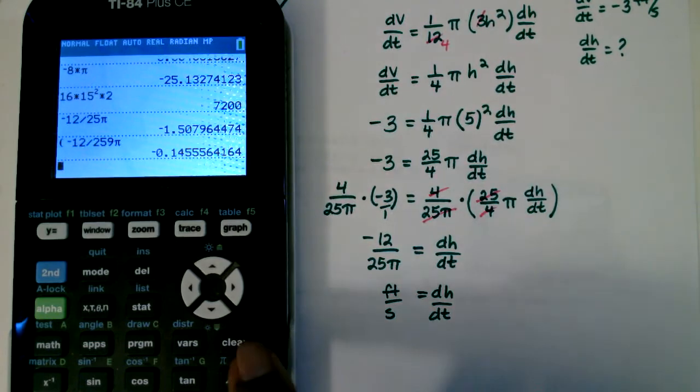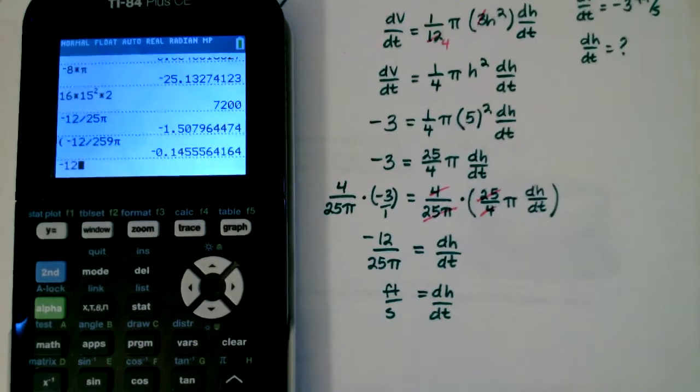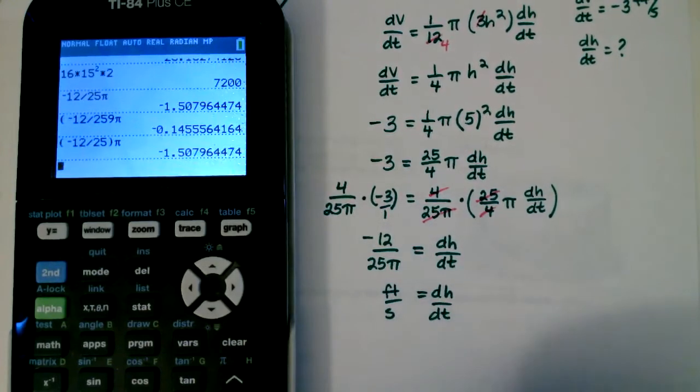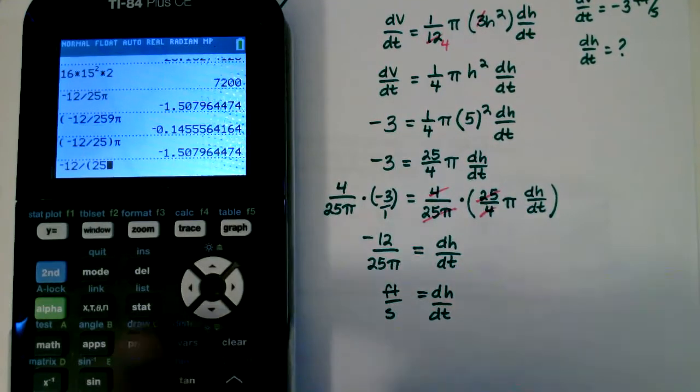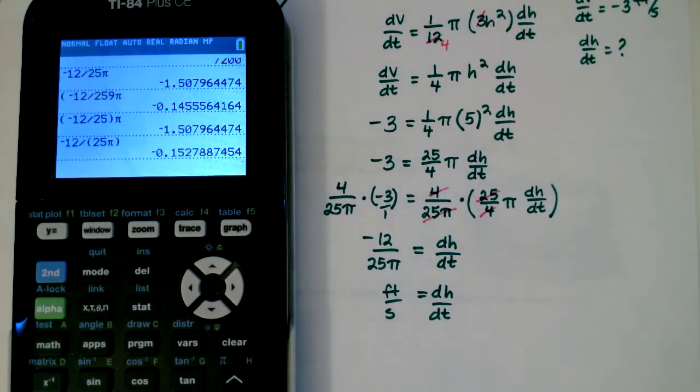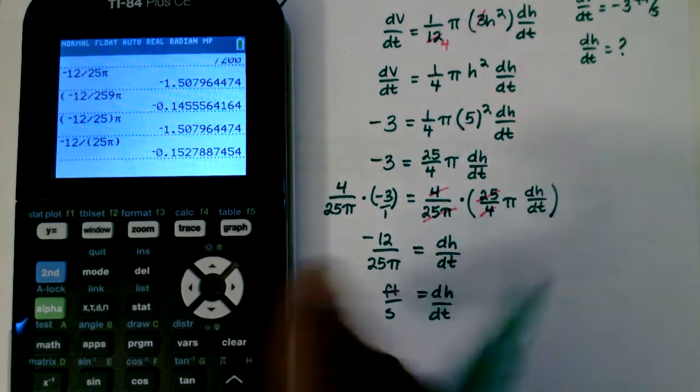What happened was I entered this all wrong here. This should be -12. I need parentheses around the -12 divided by 25, close parentheses, and then second and the hat key. Okay, and it's still wrong. Okay. Let's try this, -12 divided by, and then put 25 pi in parentheses. There we go, we got the correct answer there. -0.15 if we were to round it off to 2 decimal places.